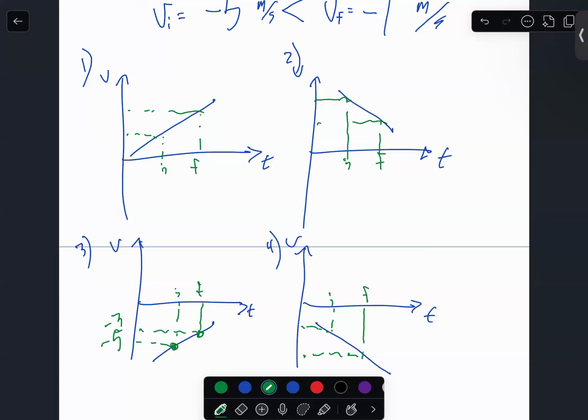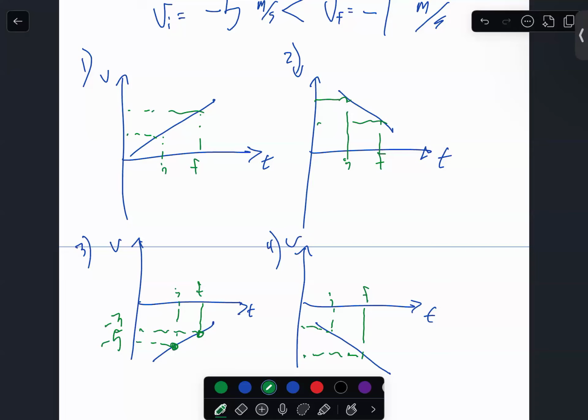Yeah, in the back. Wait, say it louder. Yes. The velocity goes up from a negative number to a less negative number. The negative sign tells you moving downward.